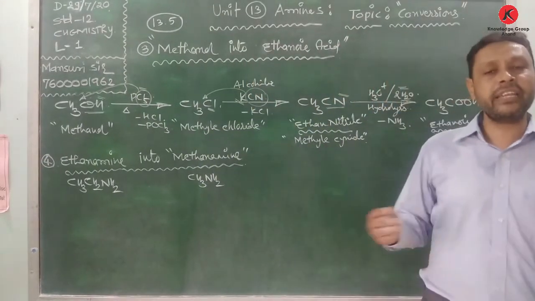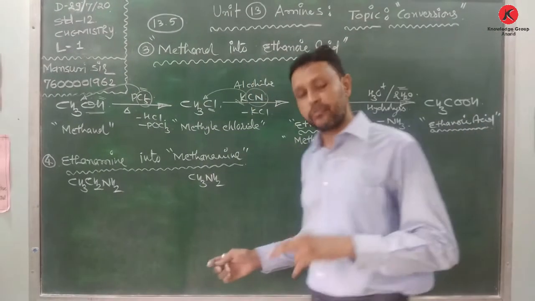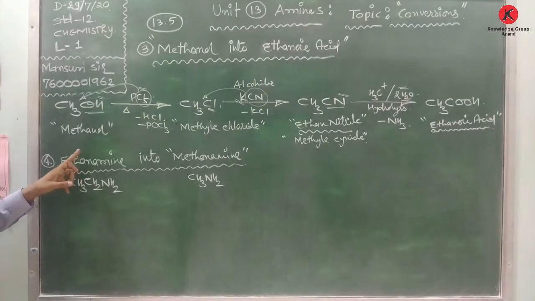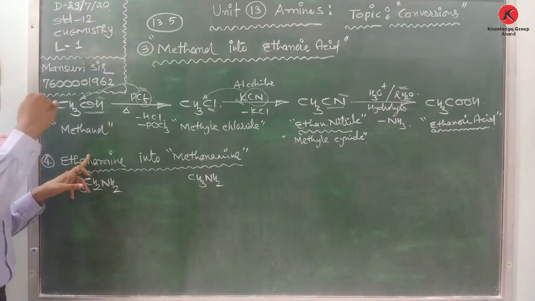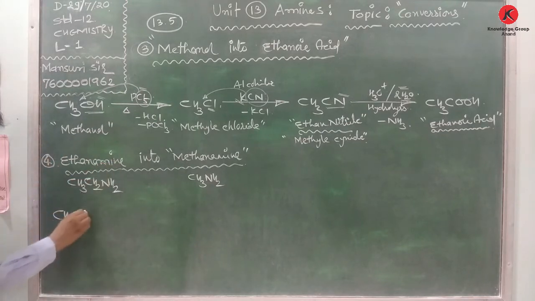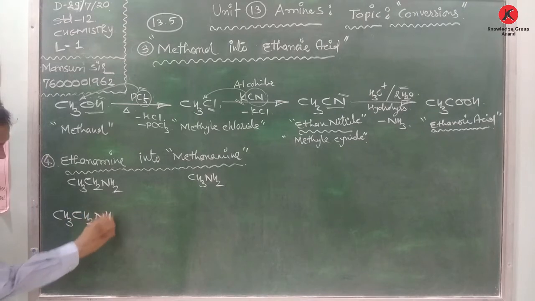For the Hofmann reaction, we have to make an amide first. So we have to take ethanamide and convert it to the amide group. So here ethanamine, CH3CH2NH2.